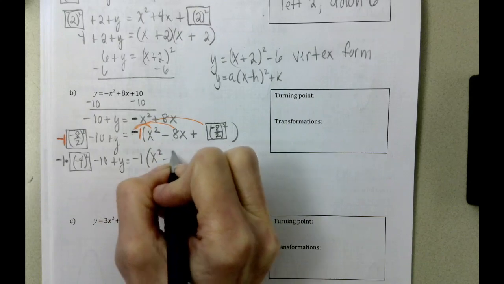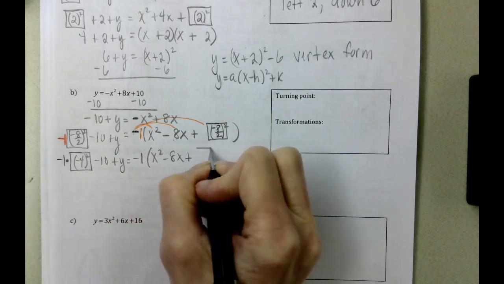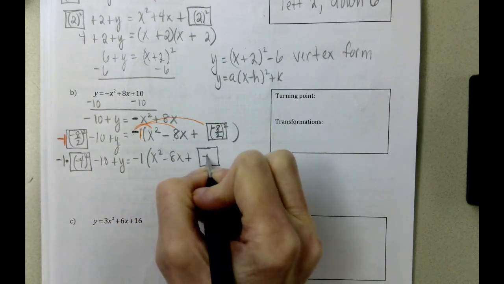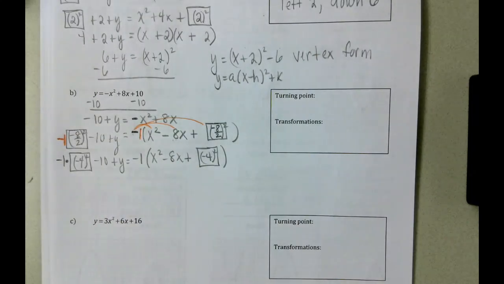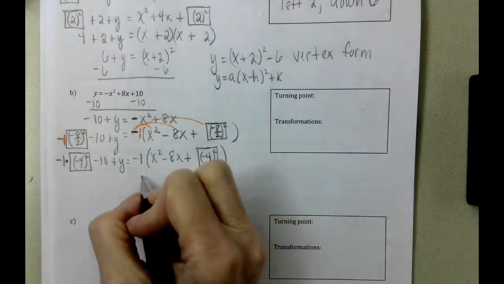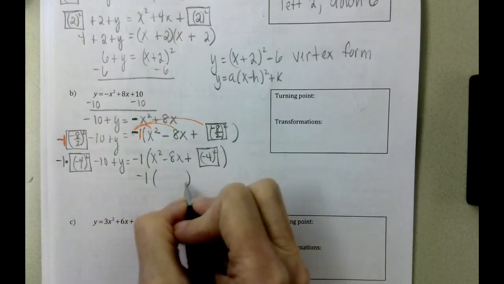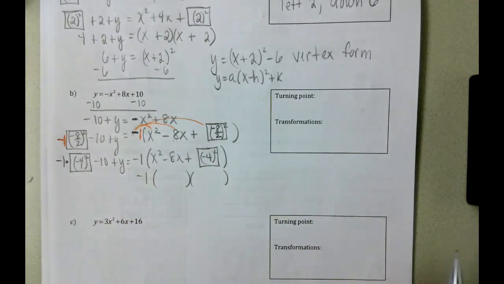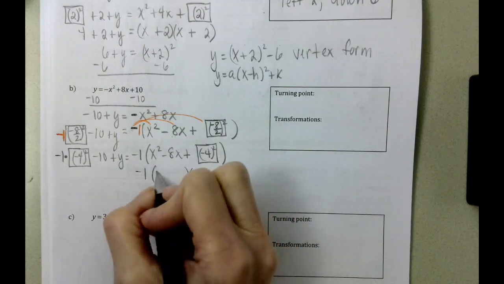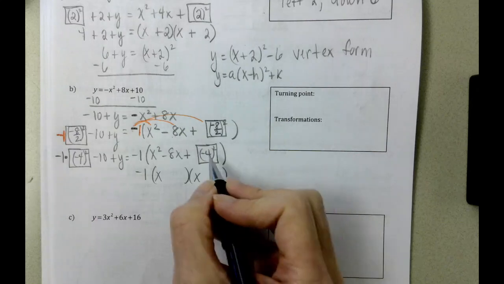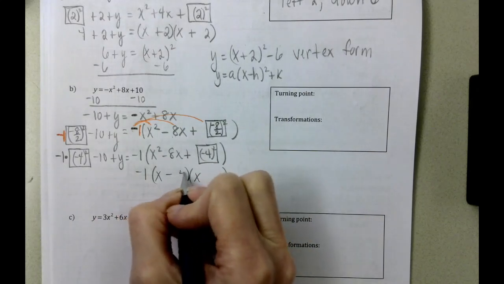And over here, the same value in that box now, negative 4 squared. We do that because we just completed the square. That means that we're going to have the same values in this parentheses here. When we factor, x squared is going to be x times x, and then negative 4 squared is x minus 4, x minus 4.